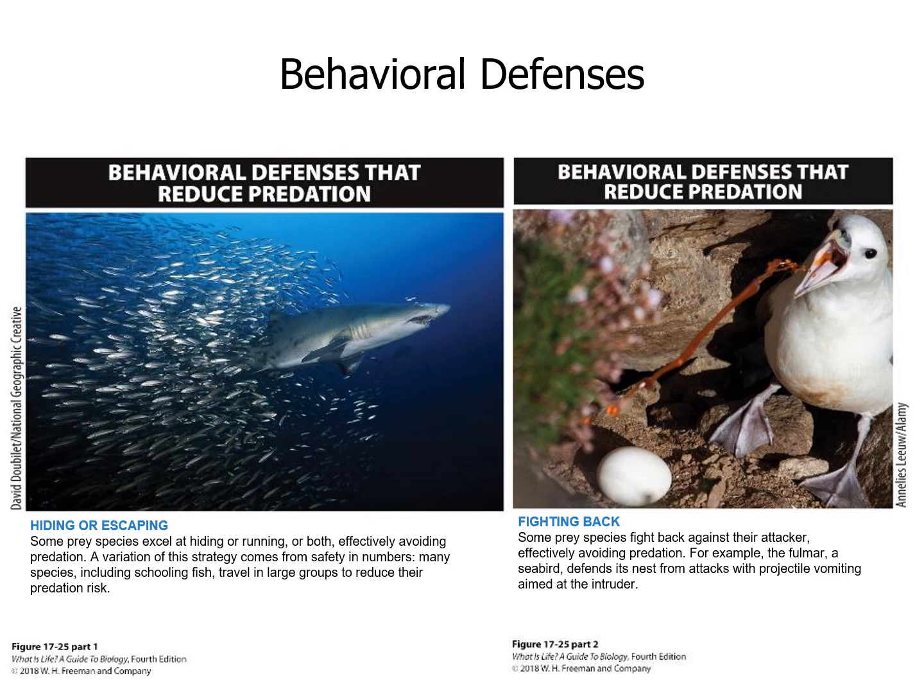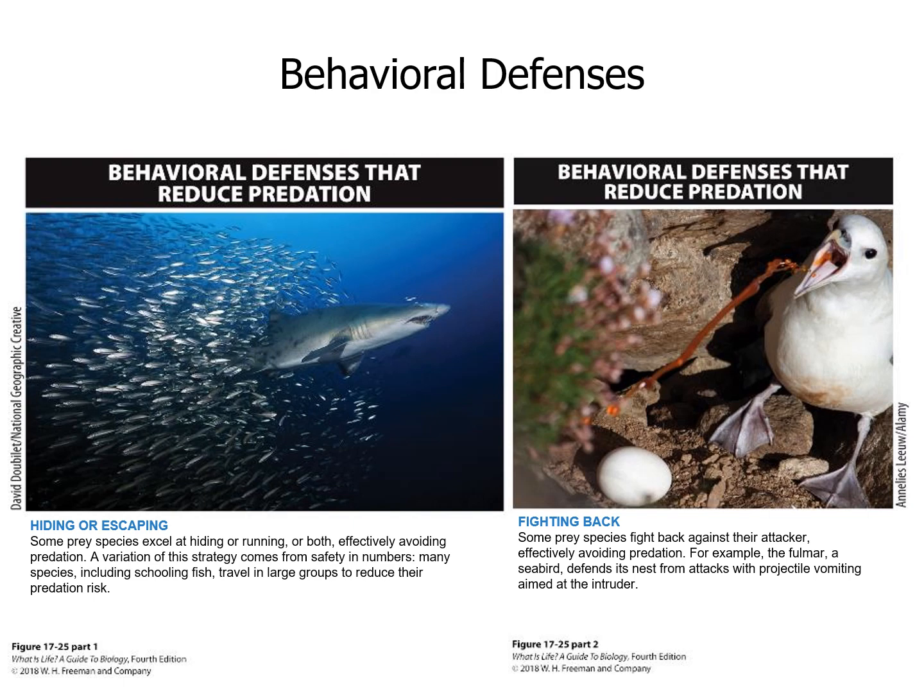When all else fails, you can always act up. So behavioral defenses include hiding or escaping, so schooling fish as well as penguins and things like that will travel in groups to reduce predation. It may not save everybody, but it does decrease the risk of most if you are in a big group.